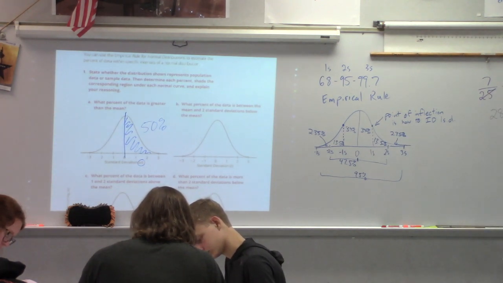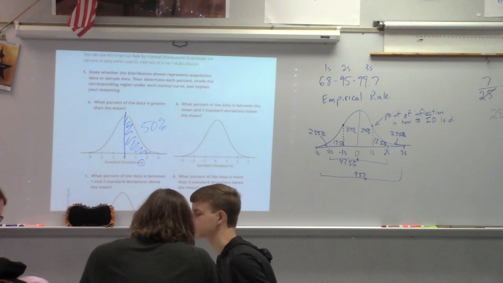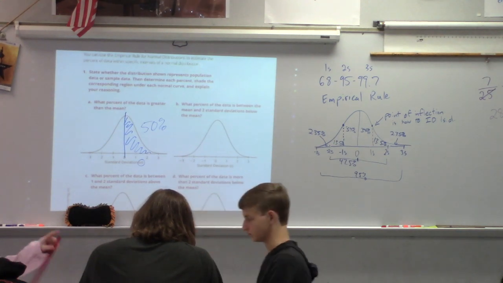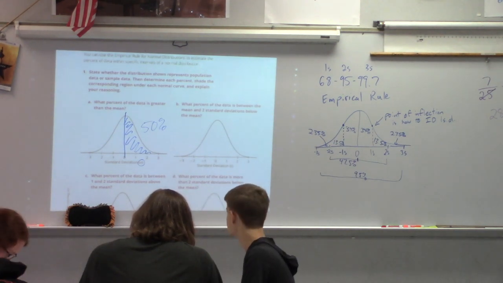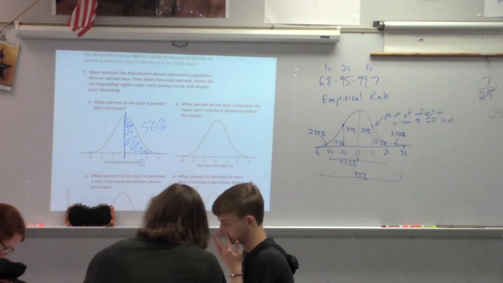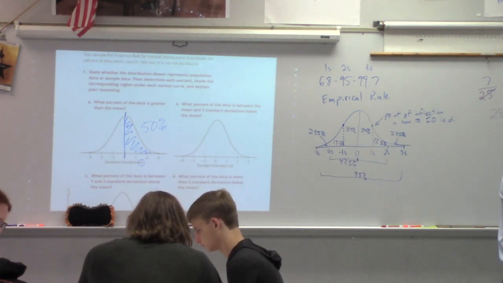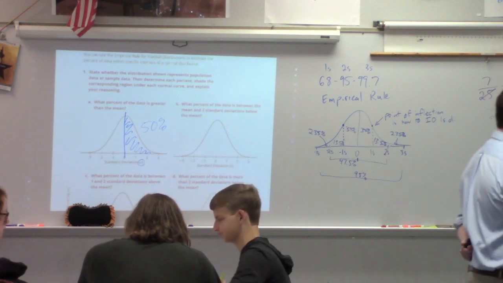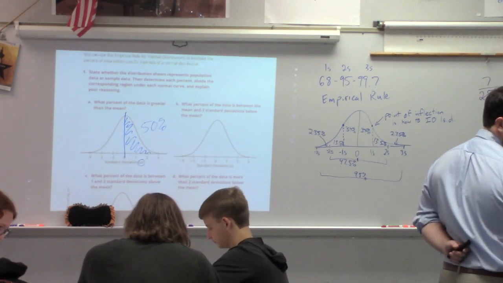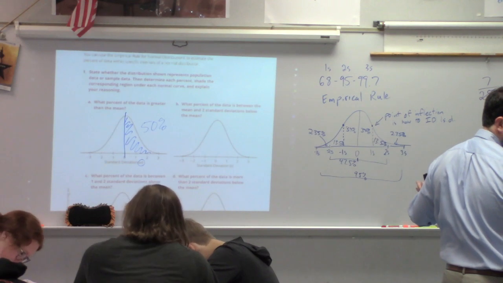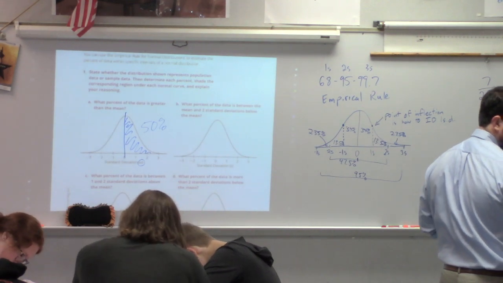Percent of data greater than the mean, right? You recognize that's the mean? Which direction would you shade to get the stuff that's greater than the mean? Just think numerically for a second. If you have a number right here, how would you go to get greater than that number? Would you go to the right or to the left? Well, it goes across the right.